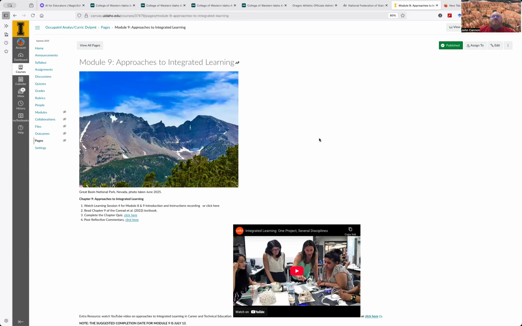And in module 9, I'm sharing a picture from a trip I took to Great Basin National Park recently. It's from about 10,000 feet up, looking at the two peaks in the park that are over 13,000.